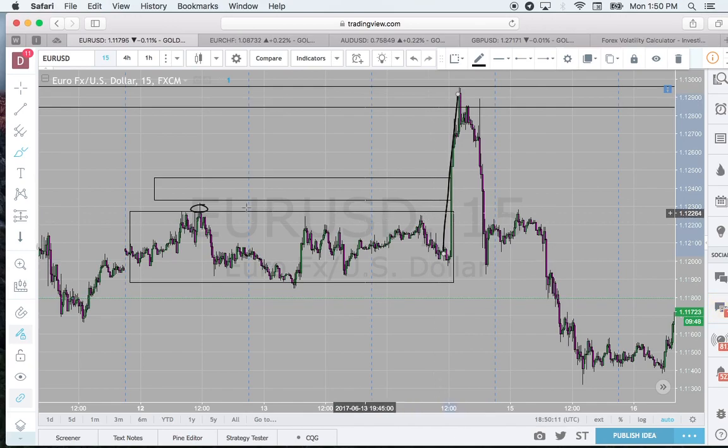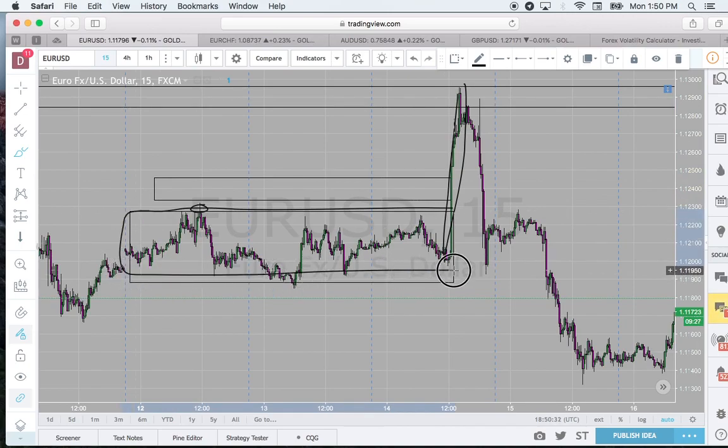So, if there are sellers here, the market will look for buyers. The dealer will balance out the market and push price up because we are in need of the liquidity to fill the seller's orders in this area, right?